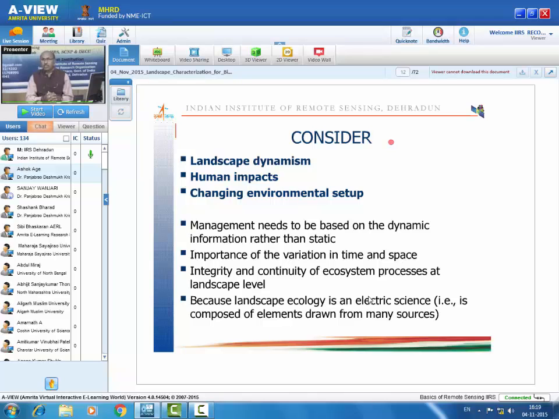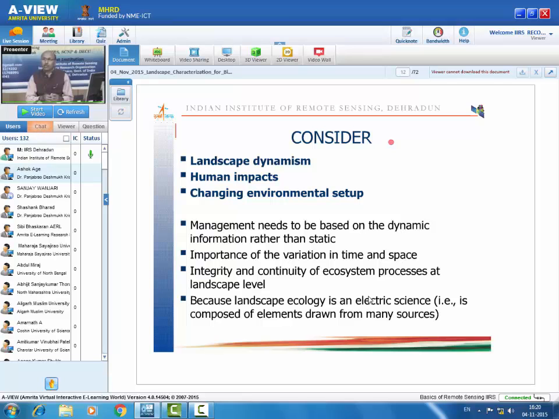And there is a fear that climate is going to change in the very near future, and therefore the changing environmental setup is another important aspect which we need to consider very carefully. And therefore to handle all these things, the managers, basically it can be the Ministry of Environment and Forest, or for that matter anybody, with the support of the scientific community, we need to manage these in such a way that the dynamic information which is available does not become static.